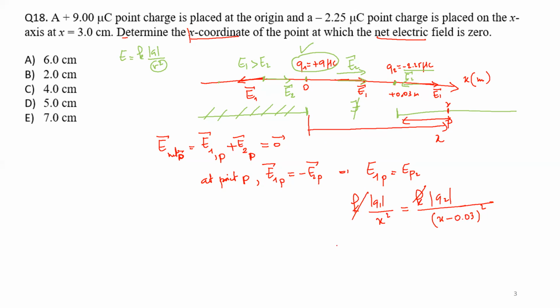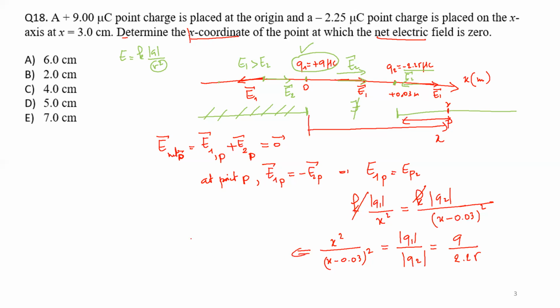Let's write it down this way: I will have X squared divided by (X minus 0.03) squared. This should be equal to absolute value of Q1 divided by absolute value of Q2. So absolute value of Q1, I know it already, 9, absolute value of Q2, 2.25.